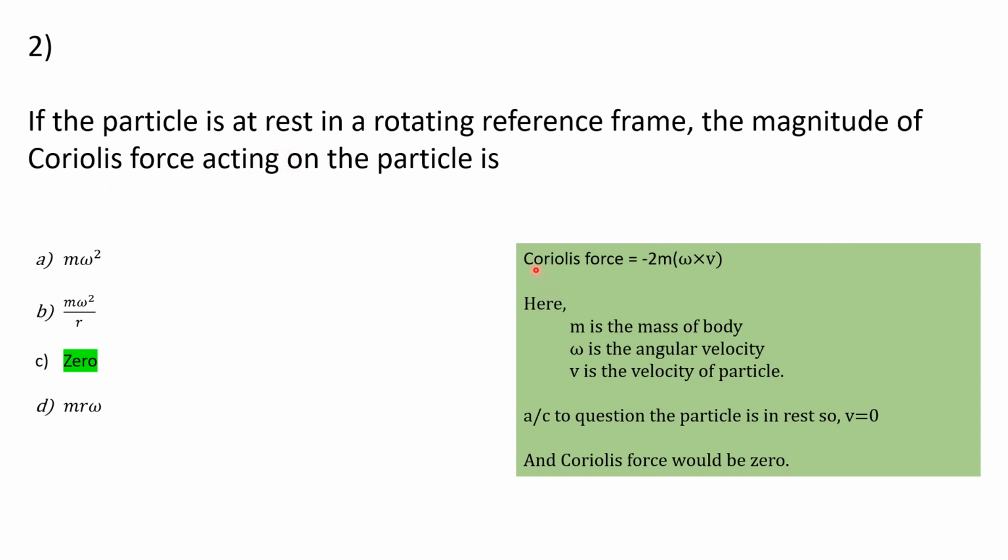We know the formula for the Coriolis force is equal to minus 2m omega cross v. Here omega is the angular velocity, v is the velocity and m is the mass of the body. According to the question, because the particle is at rest, v is equal to 0. So by putting in the value, we find that the Coriolis force will be 0. So the answer C is the correct option.